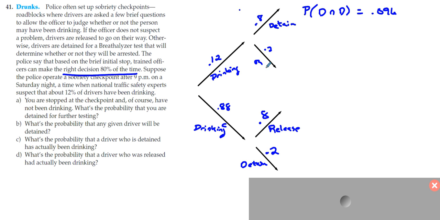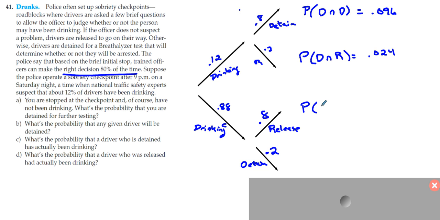You could be drinking and released. I hope that doesn't happen too often. Drinking and released, and that's 0.024. We're just using the multiplication rule here. We're going down the branches.